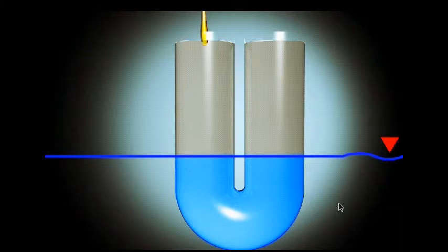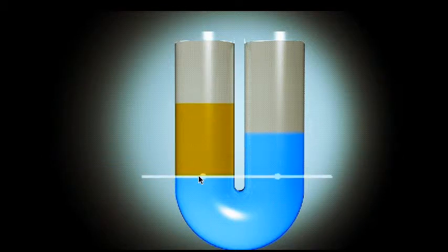Well, but then we put oil here, and you see that this column of oil now has to equilibrate with this column of water. So the pressure of water at the same elevation, here we have the contact, has to be the same.